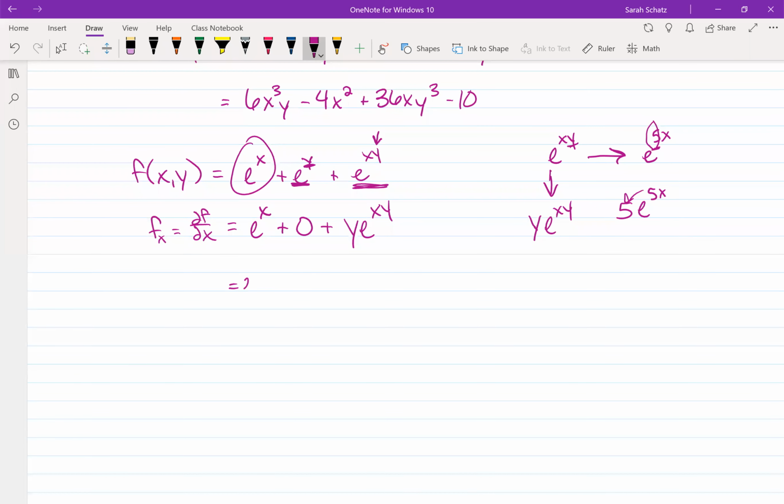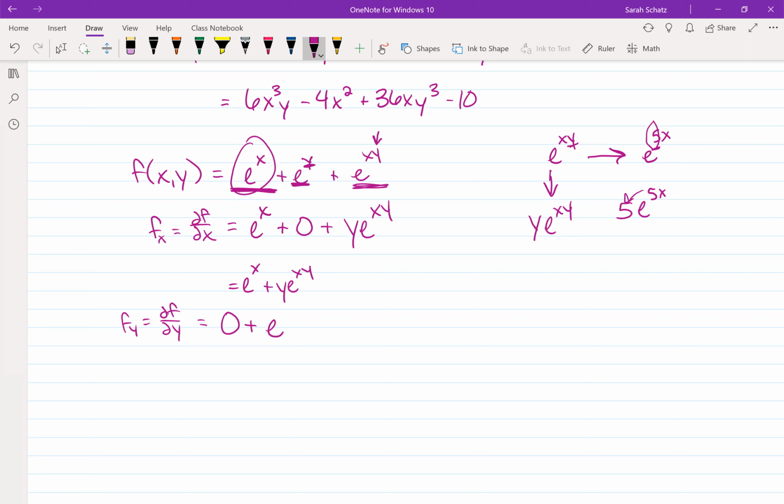So I get e to the x plus y e to the xy. Let's look at fy, or the partial with respect to y, and see what happens this time. If I'm going with respect to y, then the e to the x term is just constant. It goes away.